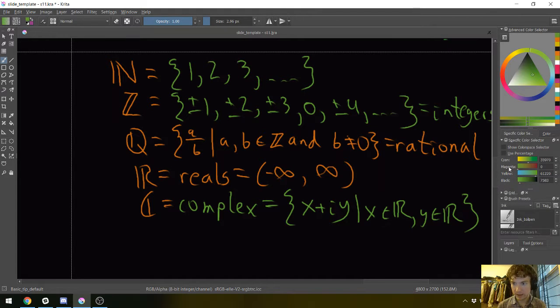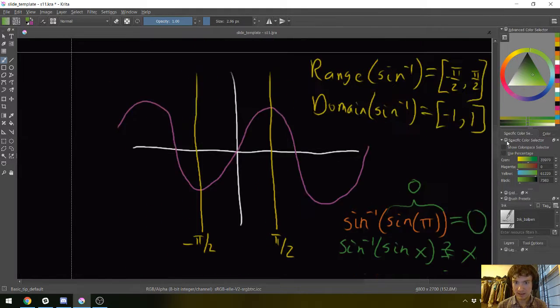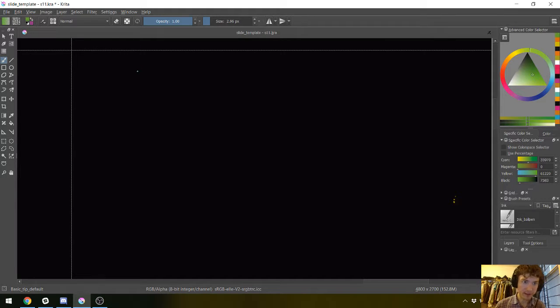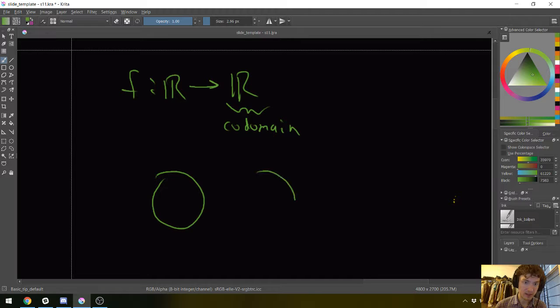Yeah, right. So the codomain is kind of just a matter of how you choose to write it, right? If you choose to write f from R to R, then this is the codomain. Or if you think of it as I do, a function takes things in one set and there are arrows between elements of that set and some elements in a different set, x and f of x.